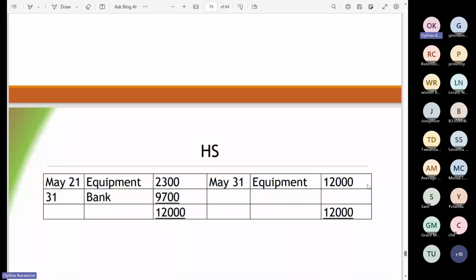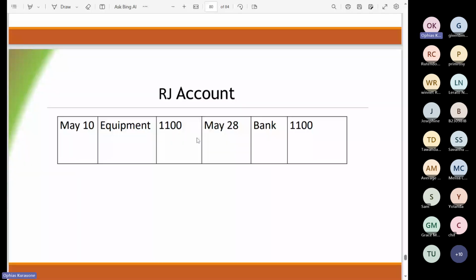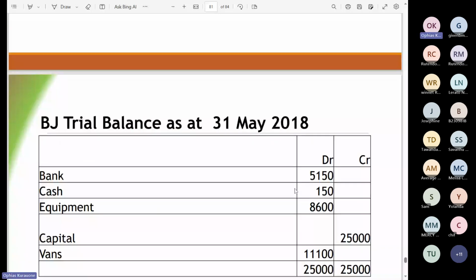Then the other equipment was returned. The other was received from the bank, received equipment plus the van which was paid through cheque. Then we go on to RJ. RJ received equipment and he paid money from the bank. Then we go on to the trial balance.